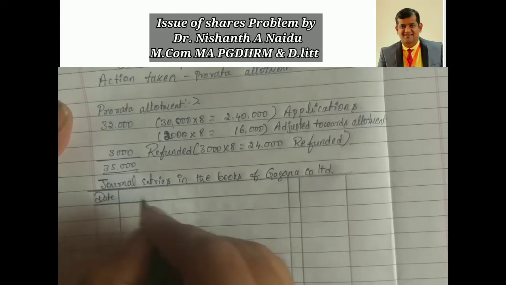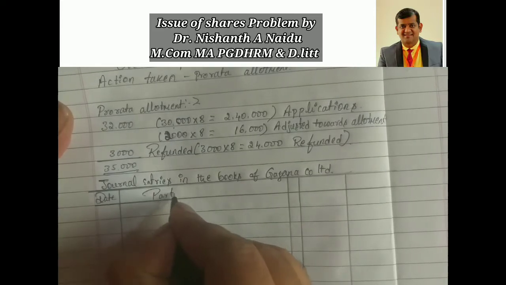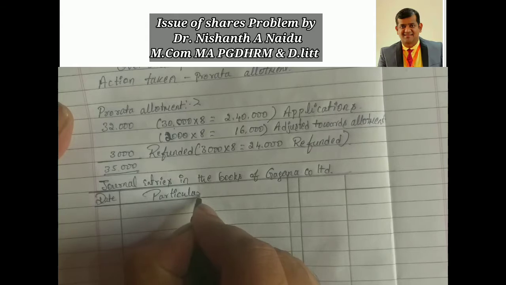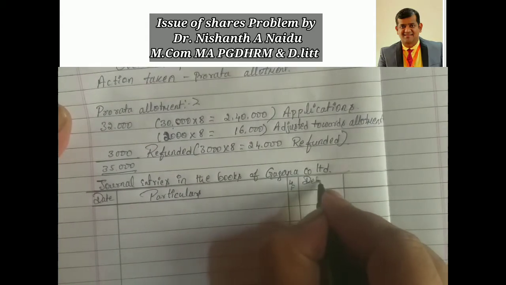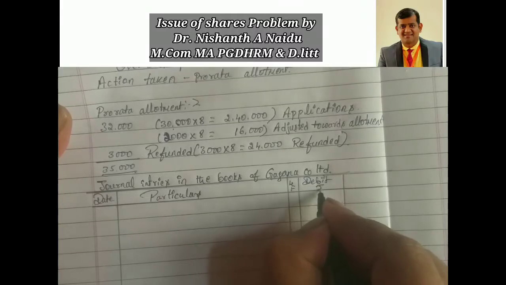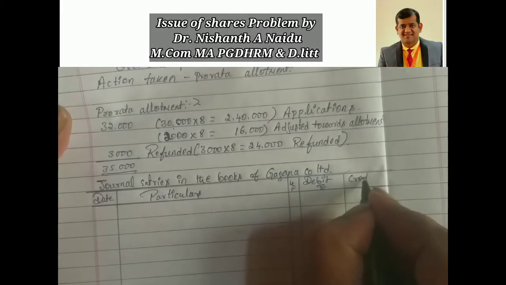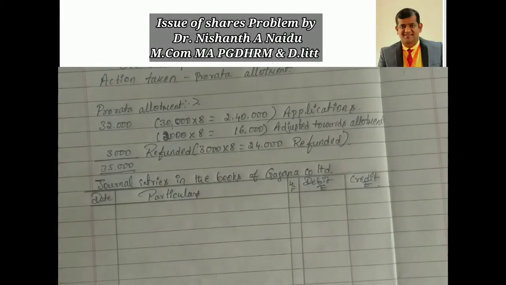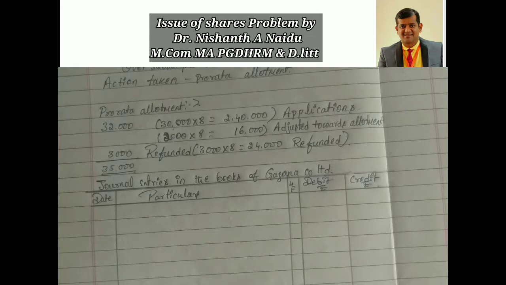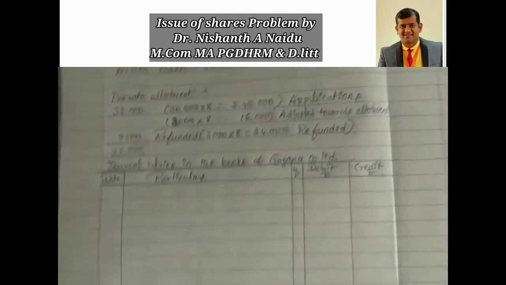So we have date, then particulars, then LF, then debit rupees, credit rupees. Now we are supposed to pass the journal entries. Let us look into the journal entries.